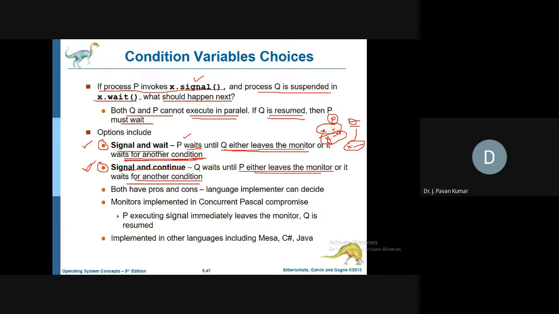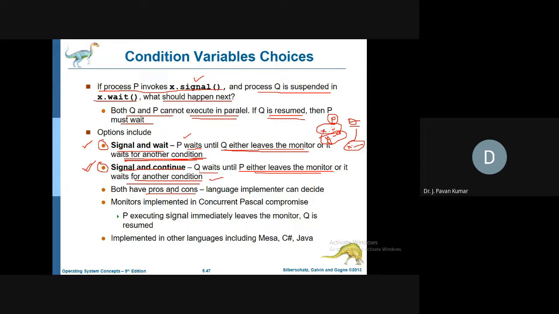Next, signal and continue means Q will be waiting until P leaves the monitor. Whenever P is inside the monitor, Q cannot enter, so Q will be waiting, or Q will be waiting for another condition to give signal. These are the two operations, and both approaches have some pros and cons.